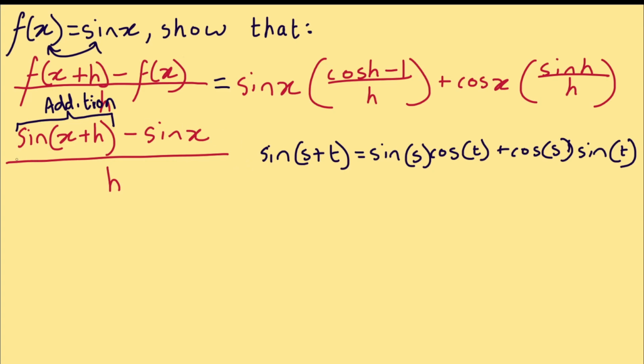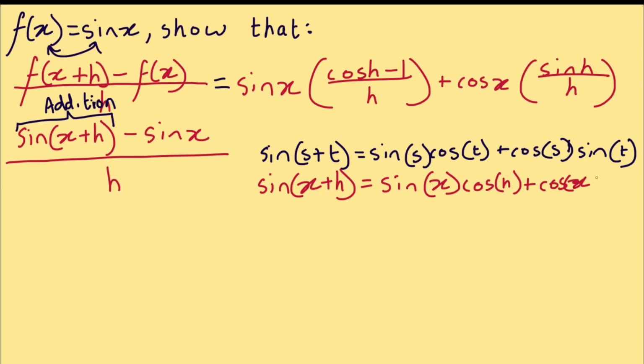So you can probably recognize it here, right? Sine of x plus h, sine of s plus t, is the same thing. So we can write sine of x plus h as this big thing here: sine x times cosine h plus cosine x times sine h. And we can substitute it into the equation.